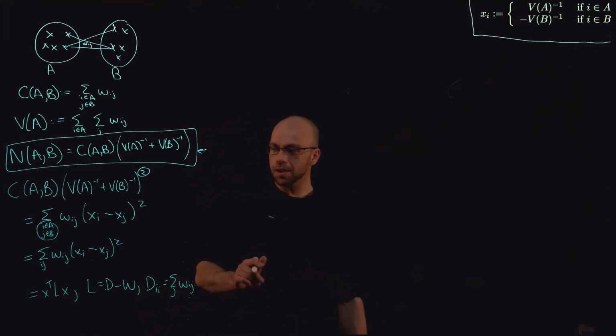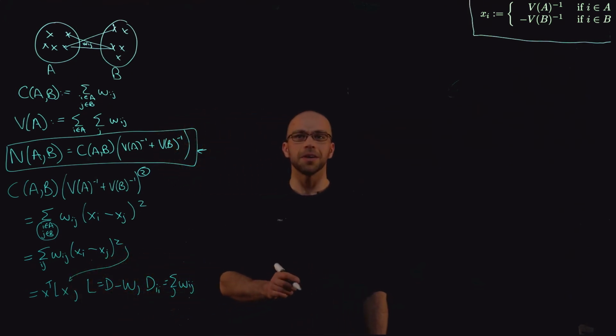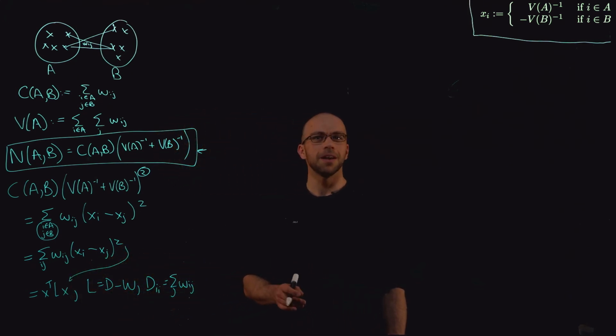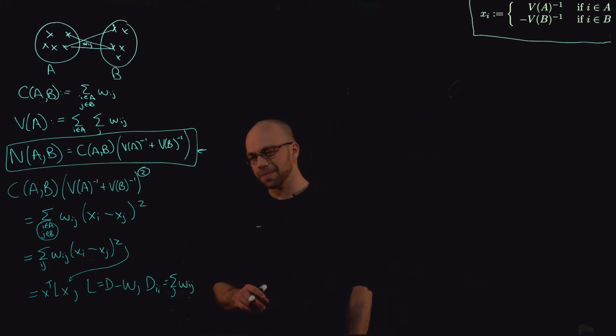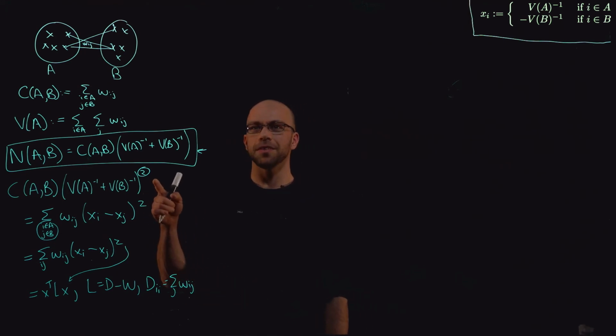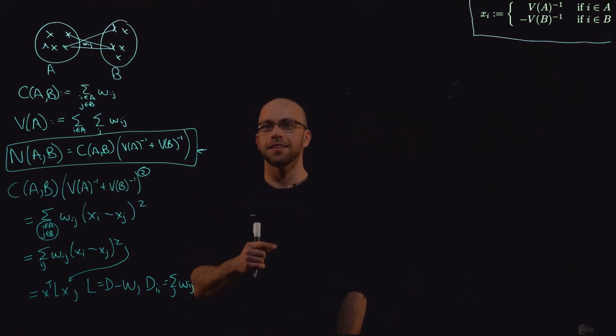Now I'm going to let you check that you can get from here to here on your own at home because it's very close to the calculations we were doing on graph Laplacians. In fact, it's basically identical. Okay. So now you can see why this quantity is kind of interesting, because it looks like a quadratic form in this weird vector x that I've defined for you.